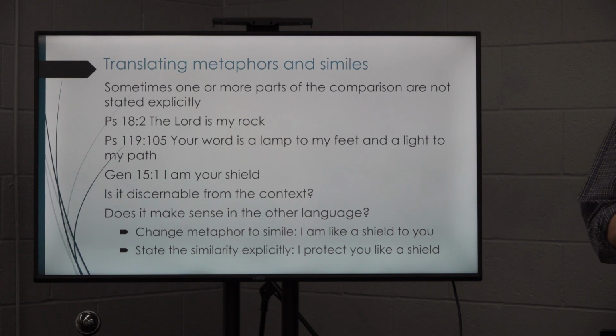And are we adding information into the text? No. We're adding clarity by building a bridge from the biblical culture to this other language, by filling in a little bit of the information that's hidden and implied, but is still there. So those are two options of what to do if it doesn't make sense in the other language.